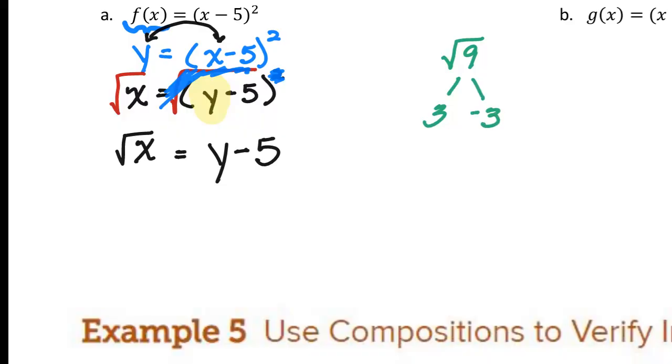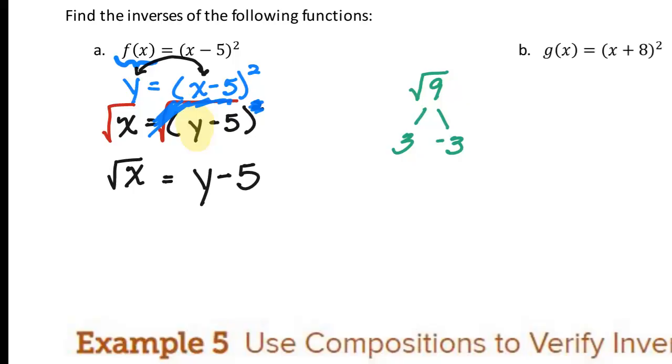Isn't negative 3 times negative 3 also 9? So the same thing happens when we take the square root over here. We have to show that it is both the positive and the negative amount. So for that square root of x, we're going to say it's plus or minus the square root of x, because we don't know what x is. X is some number, but we don't know what number. But we have to say it's going to be the positive and the negative value together.